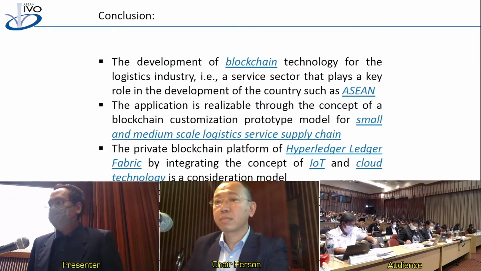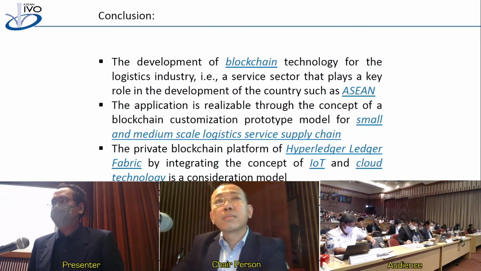We get the information on requirements from them to develop the prototype model first. The limit of the prototype model is that it operates only in the network of the logistic service provider, and maybe in the future this blockchain technology can extend to another concerned party, such as the government.